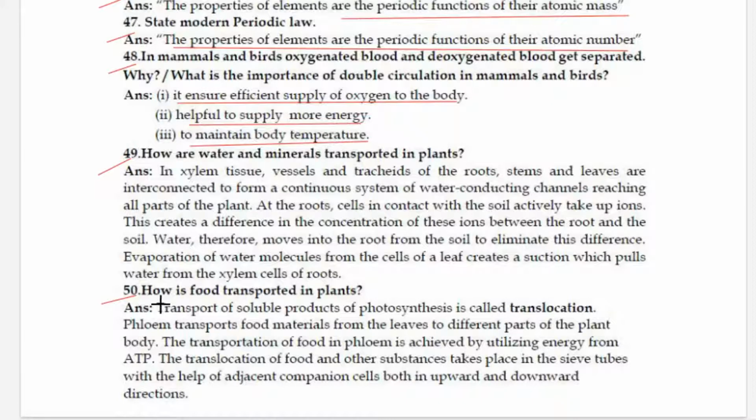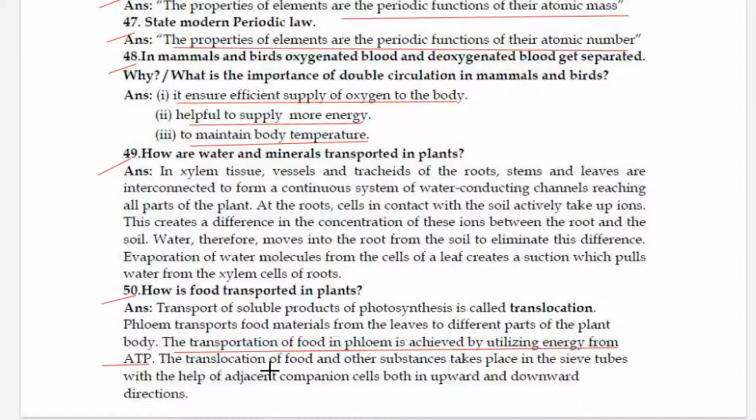Question number 50. How is food transported in plants? Transport of soluble products of photosynthesis is called translocation. Phloem transports food materials from the leaves to different parts of the plant body. The transportation of food in phloem is achieved by utilizing energy from ATP, that is adenosine triphosphate.